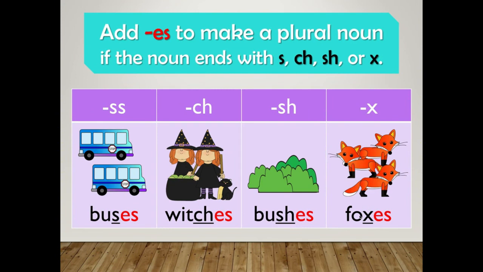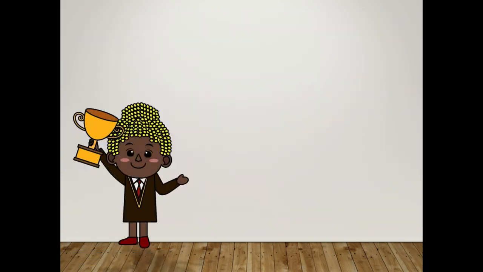So to show that I've got more than 1, I need to add ES because look here, it ends in X. I've got 3 foxes, 2 buses, 2 witches, a lot of bushes, and 3 foxes.